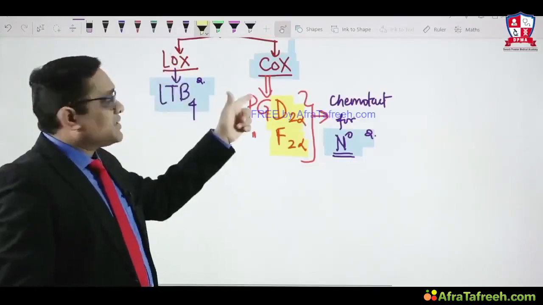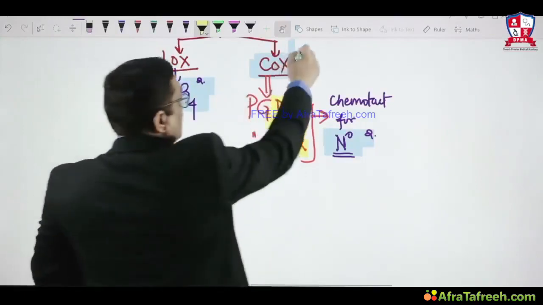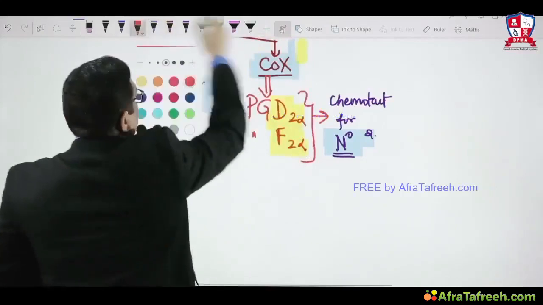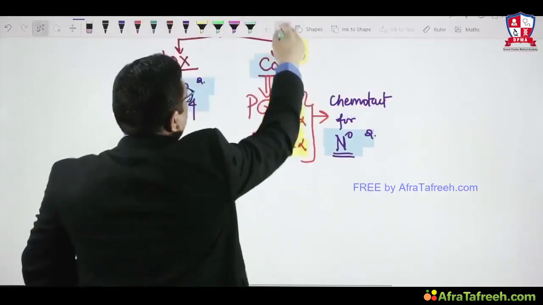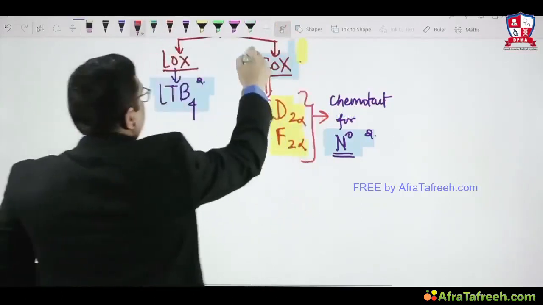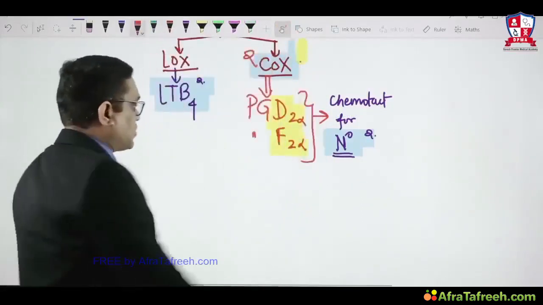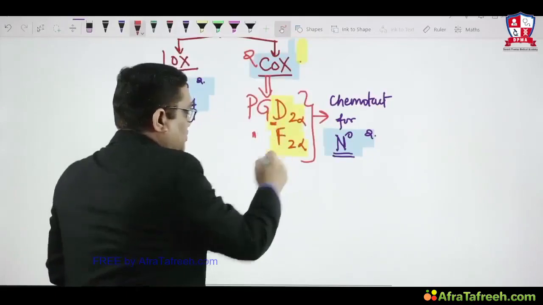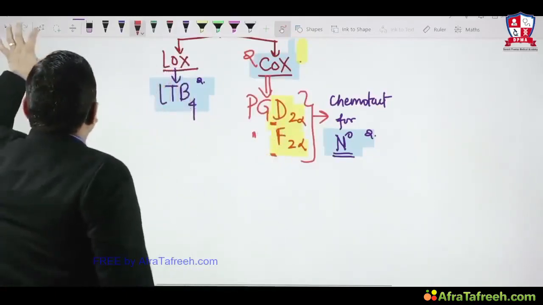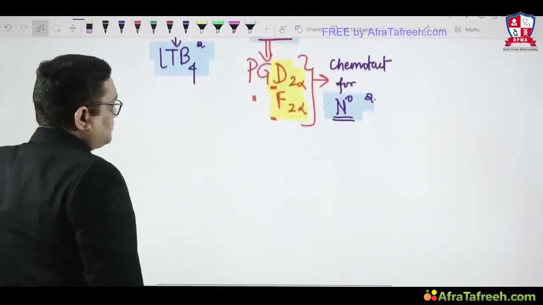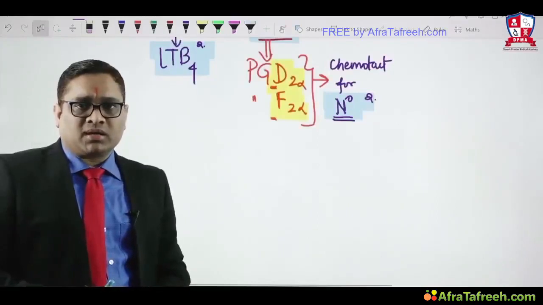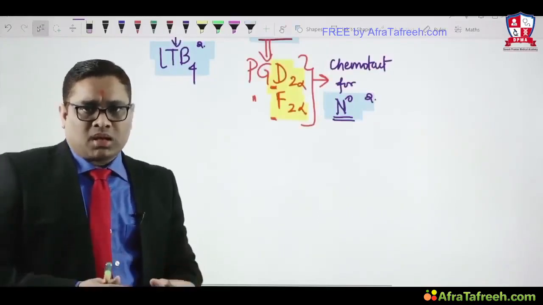But when the examiner asked this question in the All India exam, it was the COX pathway, the cyclooxygenase pathway, so your answer should be prostaglandin D2 and prostaglandin F2 alpha, right? So these are the important chemotactic stimuli which help in chemotaxis.